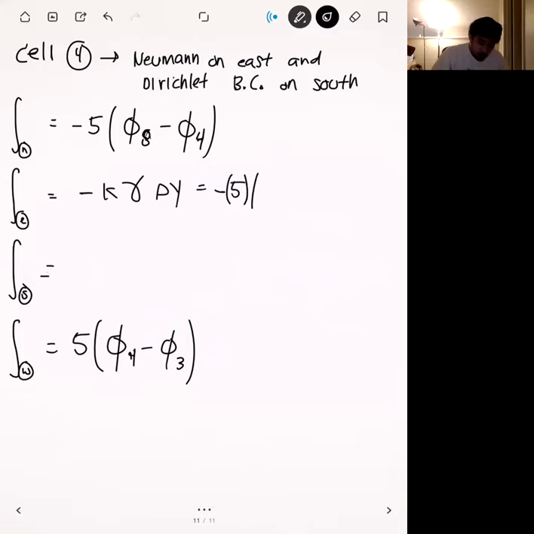Our gamma value here is 25, and delta y is whatever it is. I'm not even sure what it is for this problem. And so this is going to be a minus 125 delta. And so that's the Neumann condition. And of course, this goes to the other side because it's a constant number.